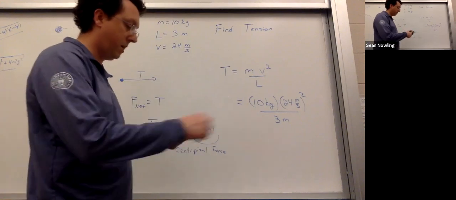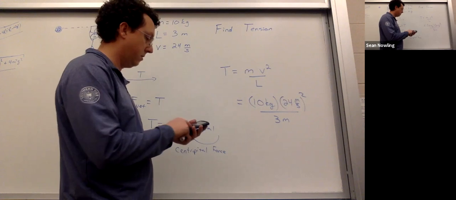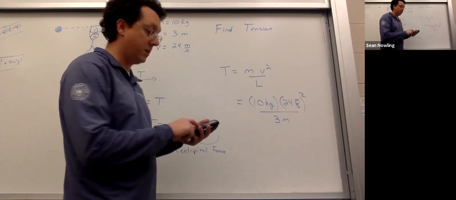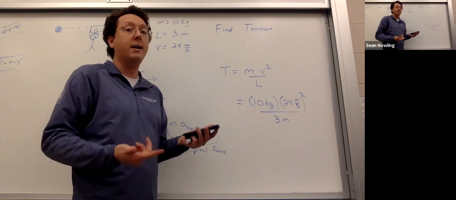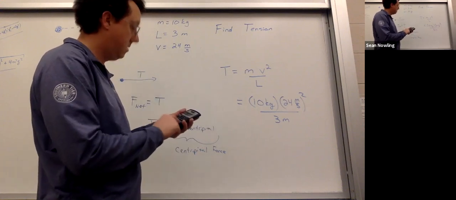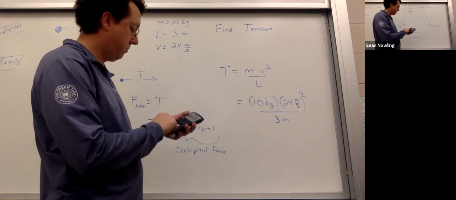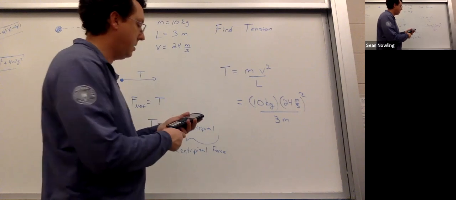Don't just plow through and follow along. Just like in normal situations, it works better if you are actively doing this with me. So I've got 10 times 24 squared divided by 3 gives me 1920.